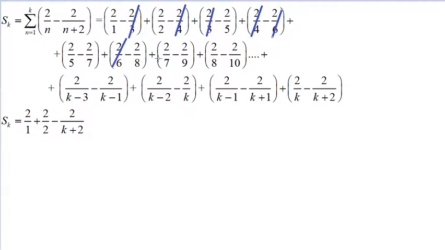Minus 2/7 will cancel out with this 2/7, and minus 2/5 will cancel out with 2/5. Eventually, all of these terms will get canceled out.